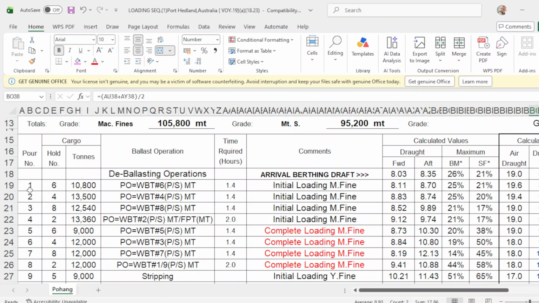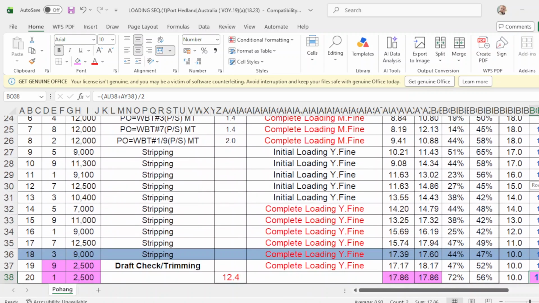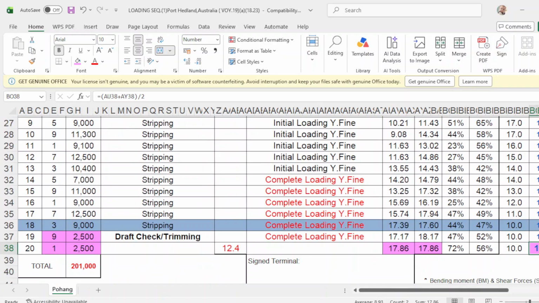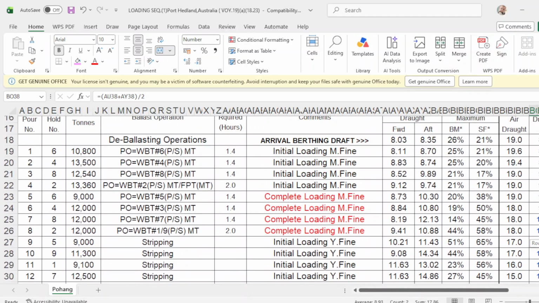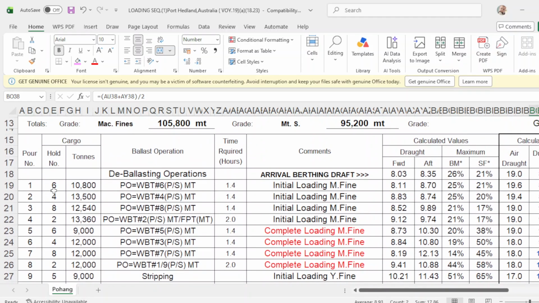And this is the number of pours from 1 to 20. Okay. And here, the next column is the number of hold. We have hold 6, 4, 8, 2, 4. The sequence, and each cargo has its total amount of cargo.